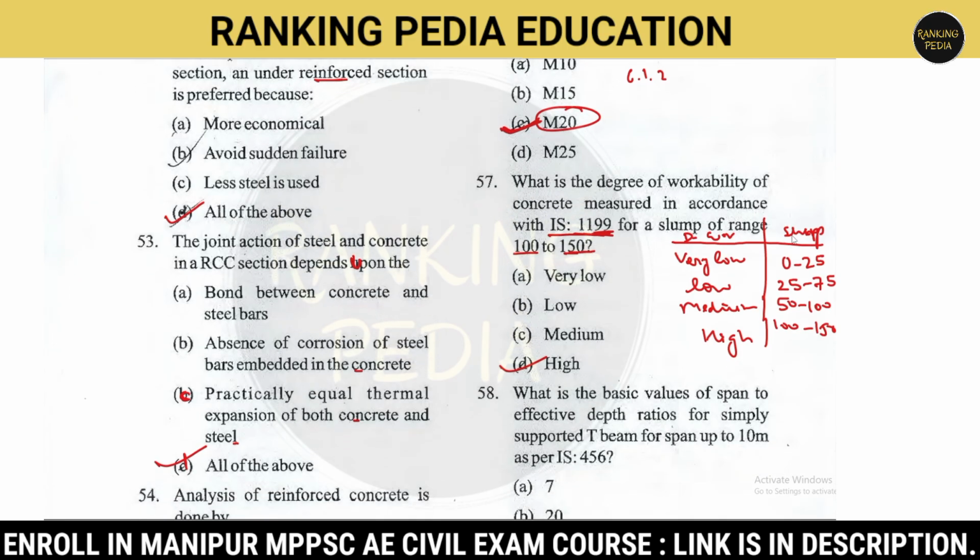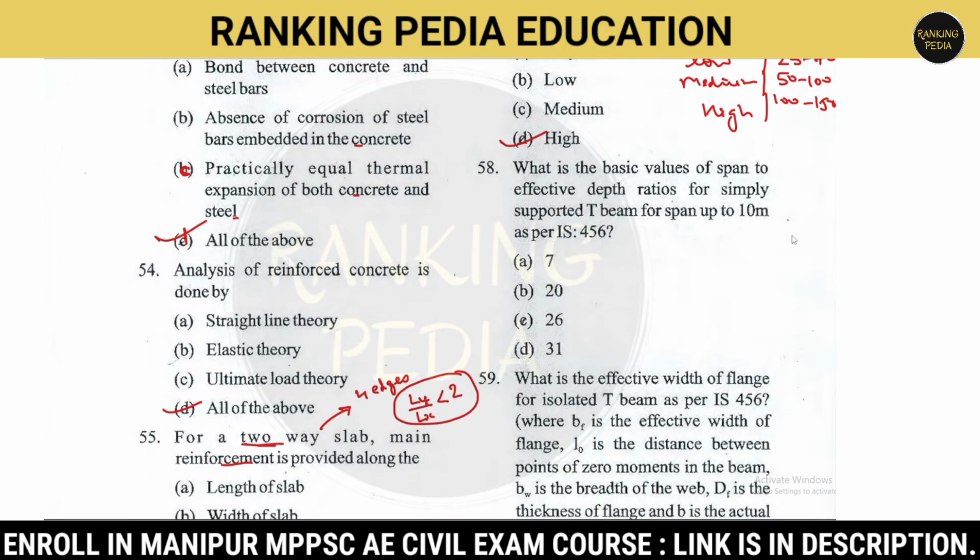Next one is your 58th question. What is the basic value of span to effective depth ratio for a simply supported T-beam for a span of 10 meter as per IS 456?